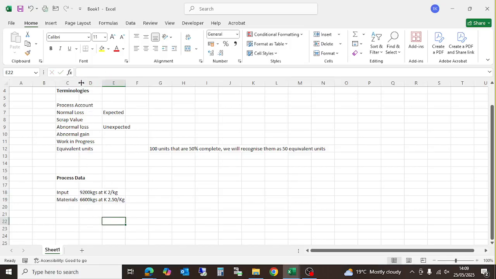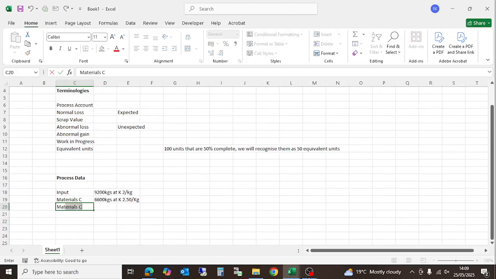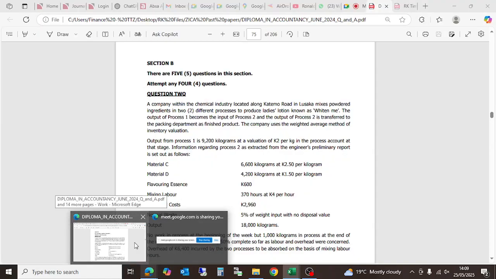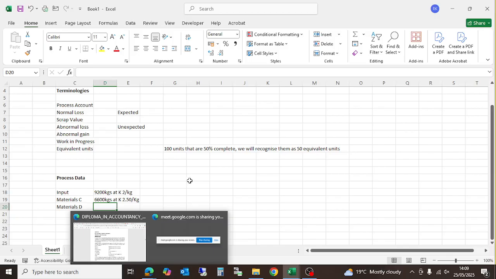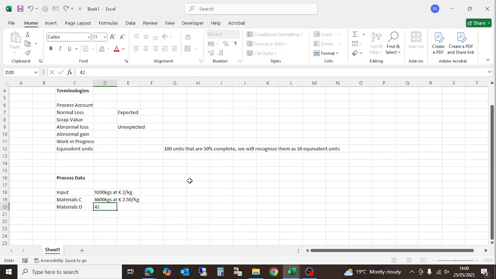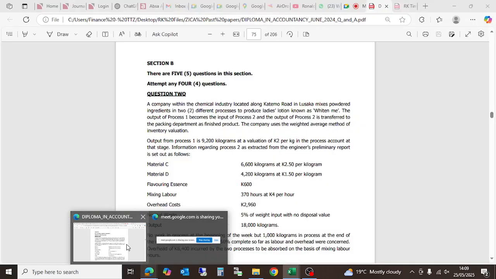And then here we'll have material D. Our material D is 4,200 kgs at 1.5 per kg. I hope I'm correct.